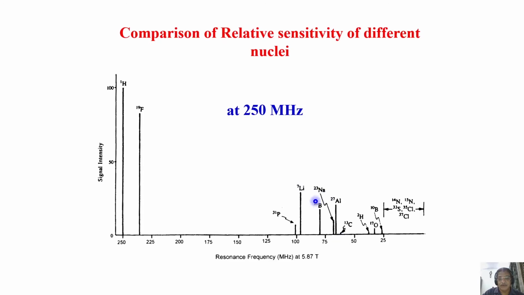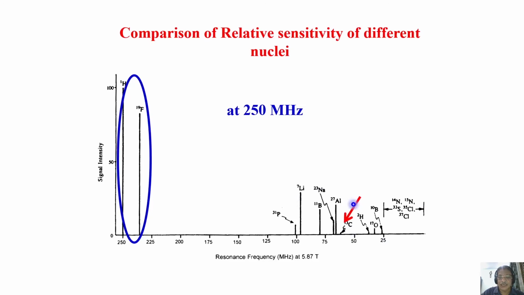Next best is lithium, sodium, and aluminum. They are very good. Boron. But come to this region. For example, nitrogen 14 or nitrogen 15. Hardly are you seeing the signal relative to proton. So this gives you an idea how less sensitive other nuclei are and what are the difficulties involved if you want to detect such nuclei.